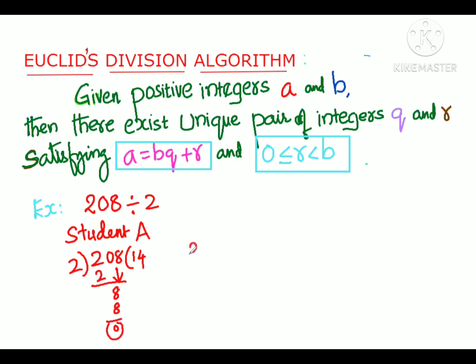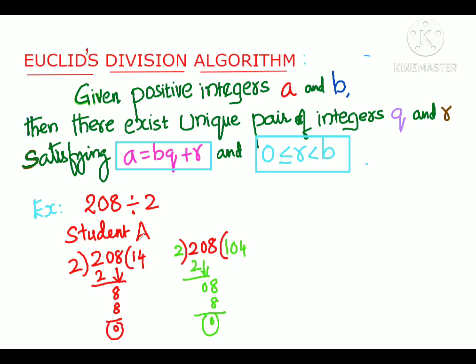And student B did it like this: 208 divided by 2, 2 ones are 2, 2 fours are 8, and 0 remainder. Which process is correct?